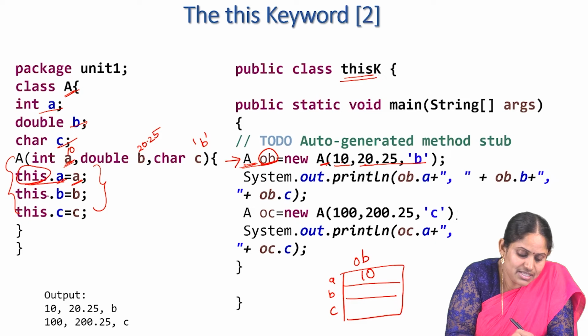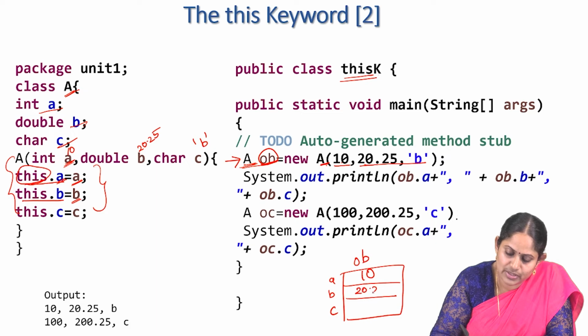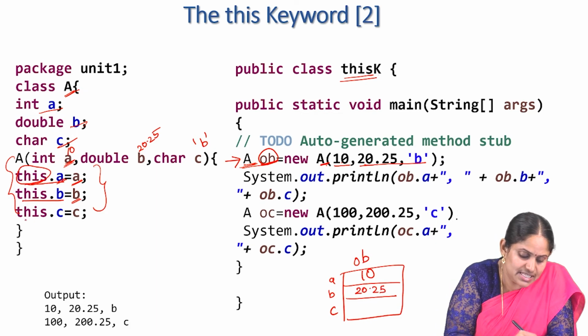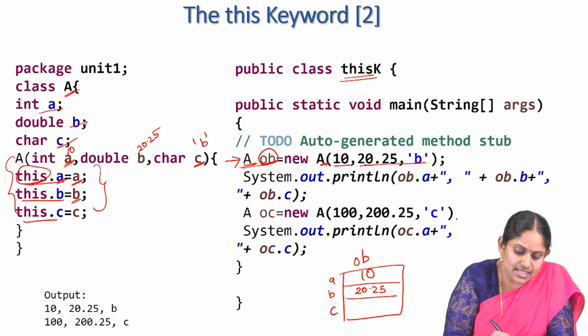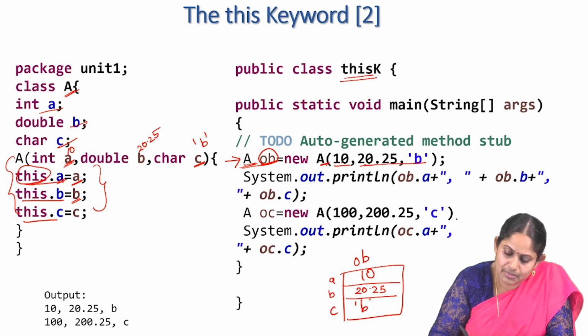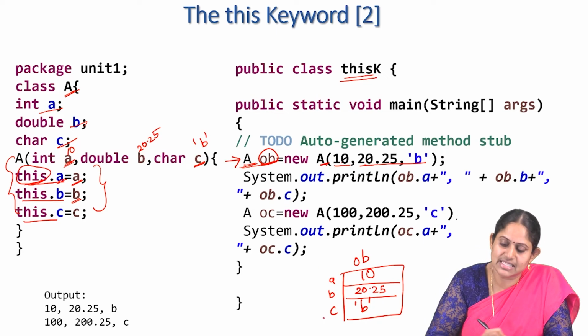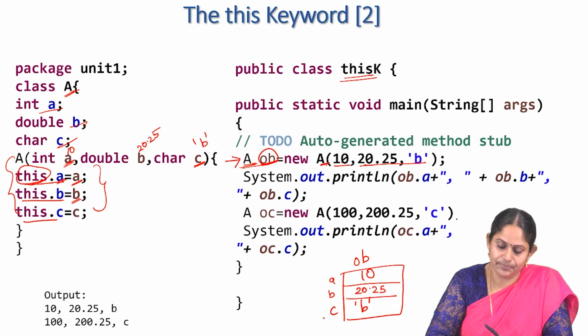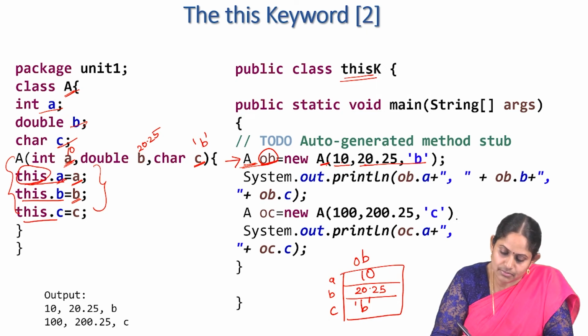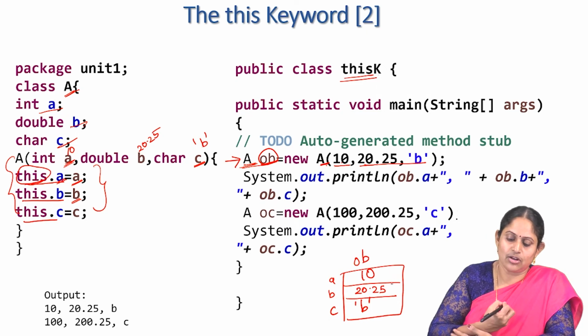Then this.B means OB's B value will be set to 20.25. Then OB's C value is set to the character, so the character B will be stored over here. Like this it has created an object OB.